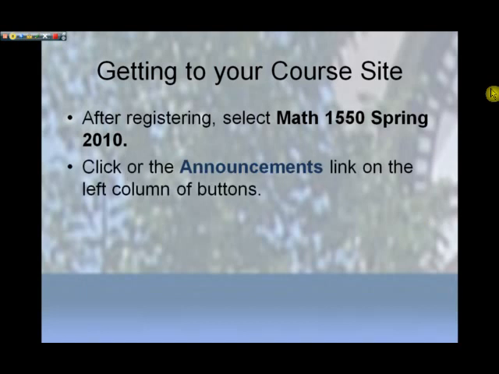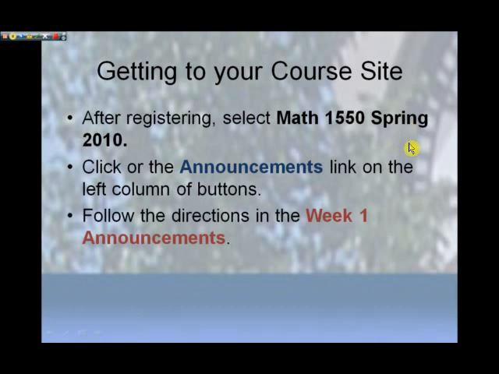You want to click on that, and then that'll take you to what's called the announcements page. And if you look, the Course Compass site looks very much like the Blackboard site that we used at Lakeland in previous semesters.